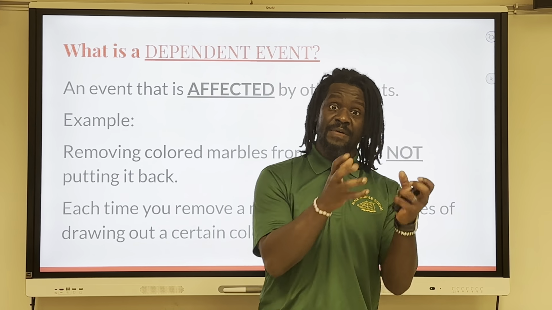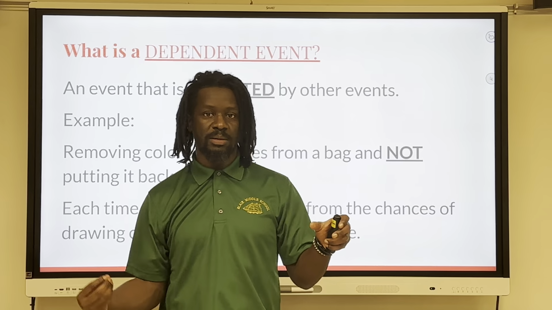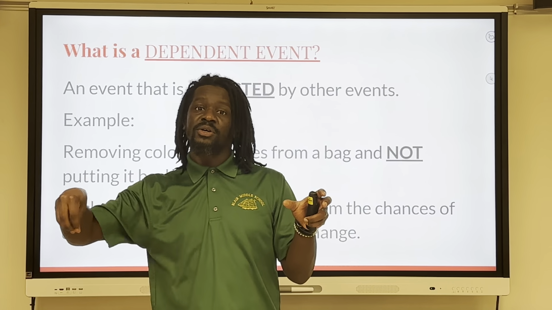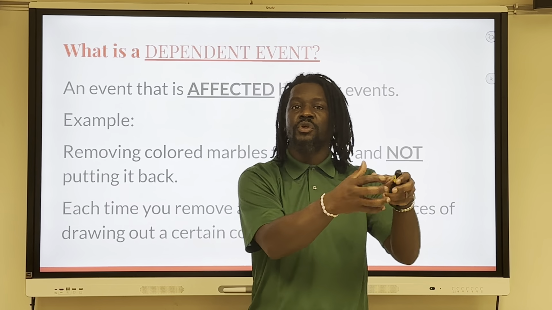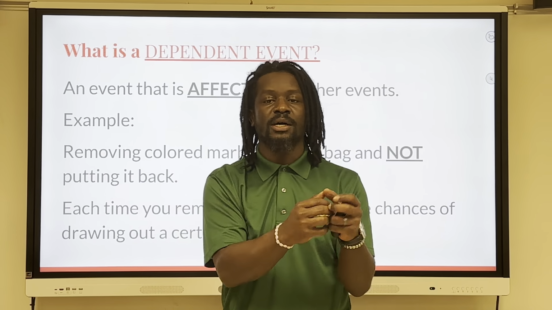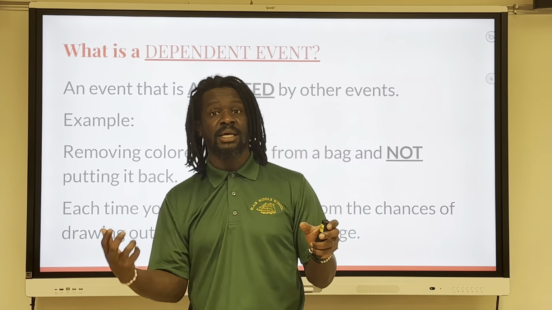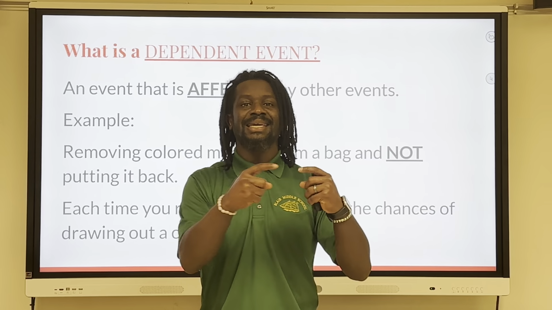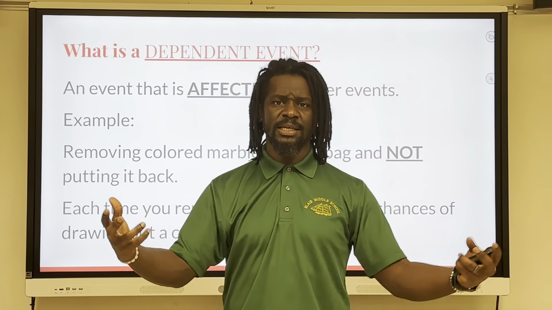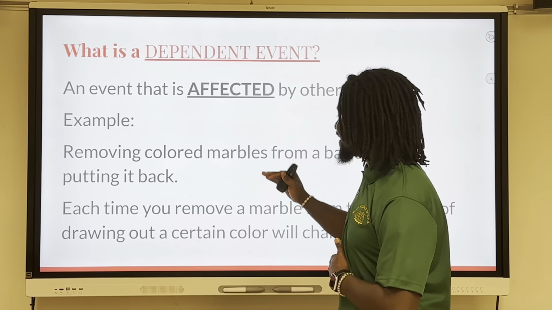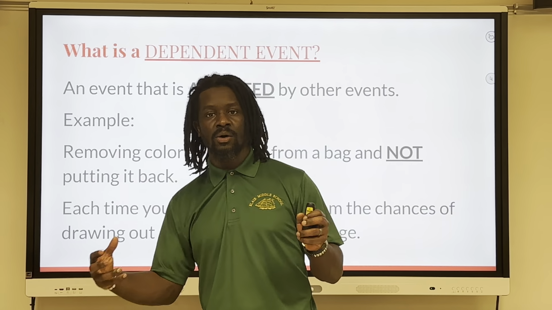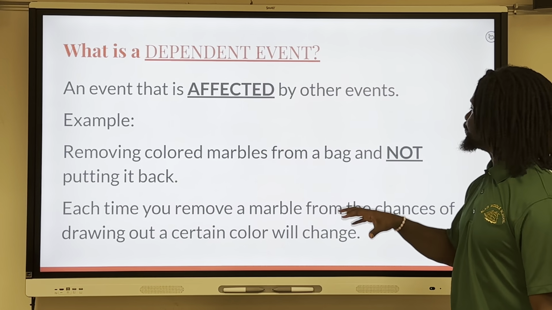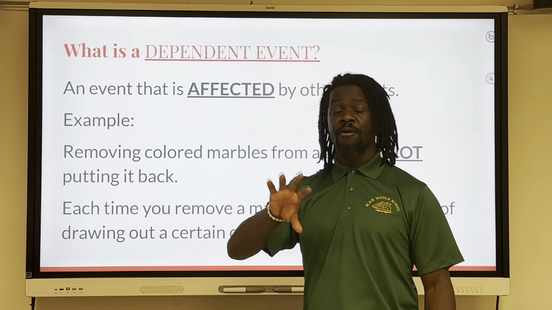If I have 5 marbles and I take out 1 marble, right, and I don't put it back, the fact that I took out a marble means I now have a fewer number of possible outcomes, so that is going to affect the probability of what I get on the second chance, all right? So again, in this case, when you take something out or you remove it, it does affect, okay? So that is the difference, okay?